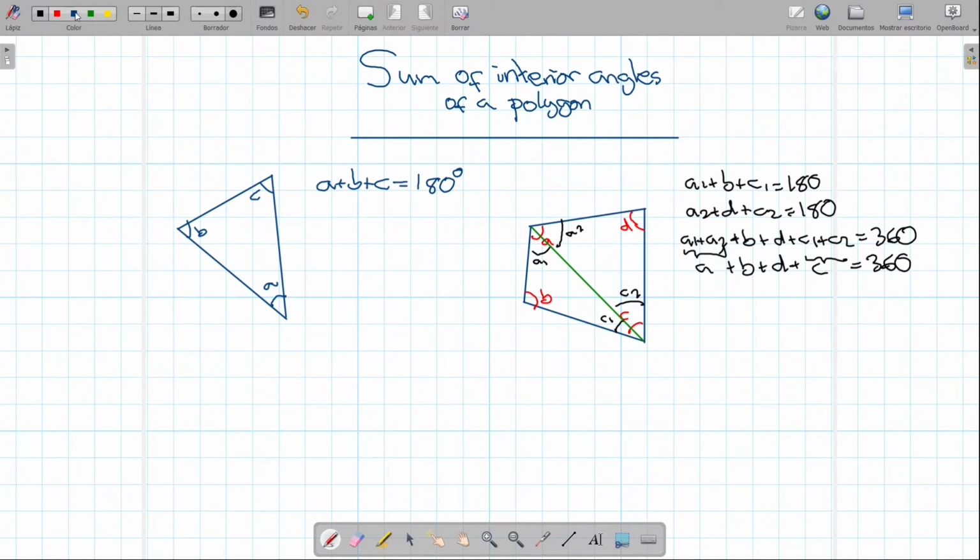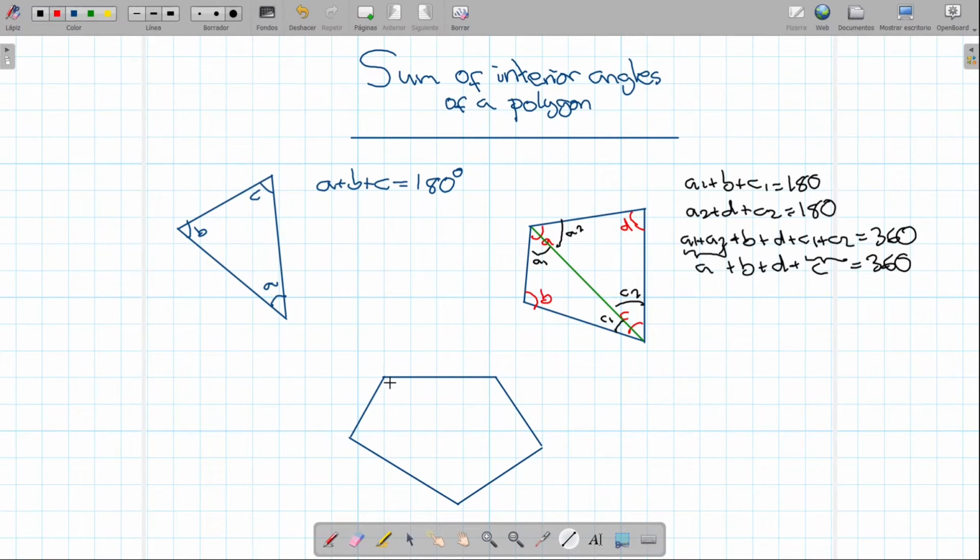Okay, if we go to the next shape and we try and make a pentagon, that would be 1, 2, 3, 4, 5. Again, it doesn't have to be regular. So that's 1, 2, 3, 4, 5 sides.